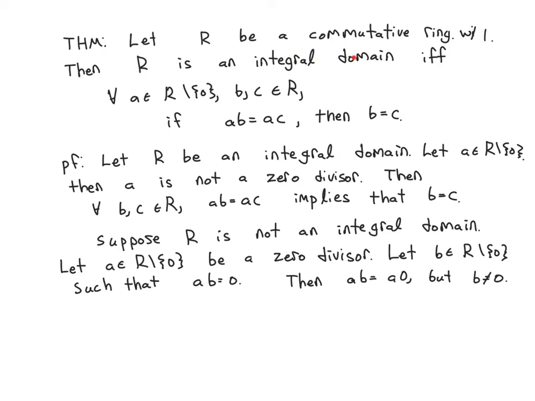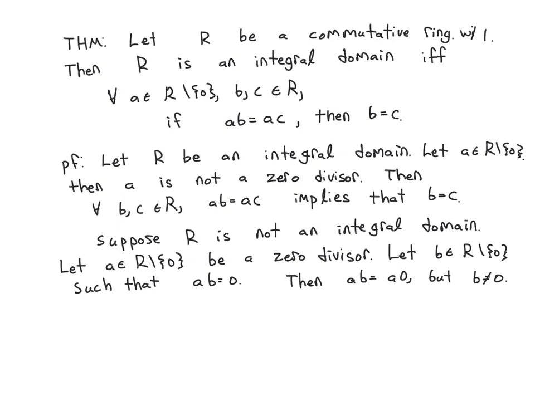Then it's an integral domain if and only if for every non-zero element and any pair of elements the cancellation law holds. So let R be an integral domain, and let a be a non-zero element. Then a is not a zero divisor because R is an integral domain. Then it follows from the fact we proved earlier that the cancellation law holds. So that implies this result.